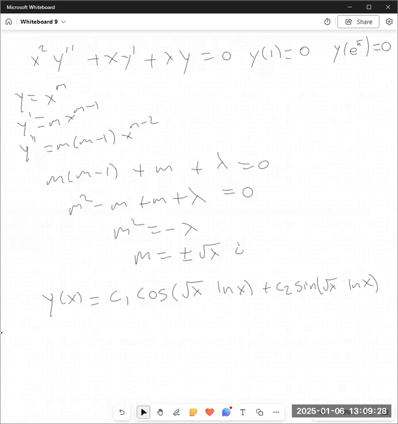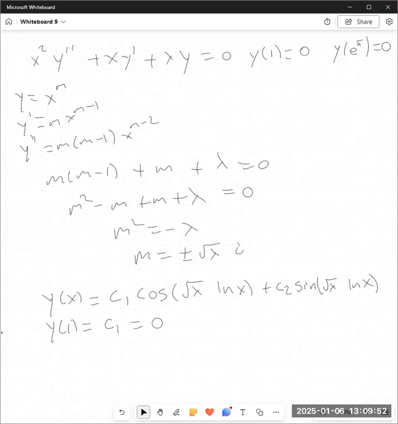So now you see why we picked 1 for our lower bound here, because that's going to make the ln of x's become zeros. So that becomes c1 cosine of 0 is c1. C2 sine of 0 is 0. So this is equal to 0.